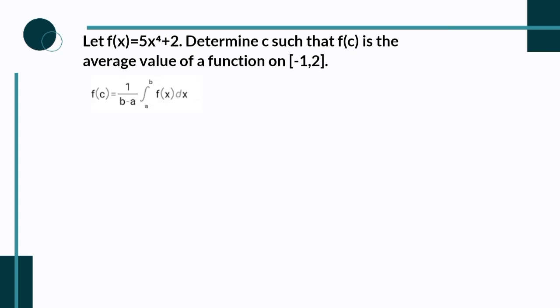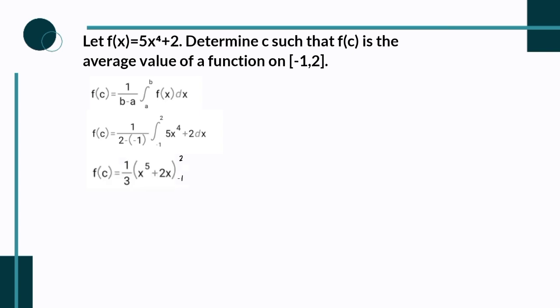Again, we are using our formula for the mean value theorem for integrals: f of c equals 1 over b minus a times the integral of f of x dx from a to b. We will substitute the numbers. So f of c equals 1 over b, which is 2, minus a, which is negative 1, times the integral of 5x to the 4th plus 2 dx from negative 1 to 2.